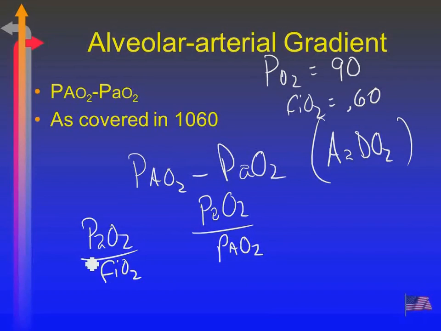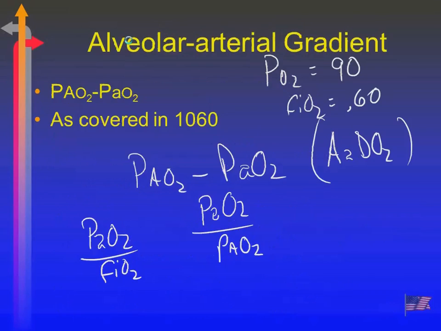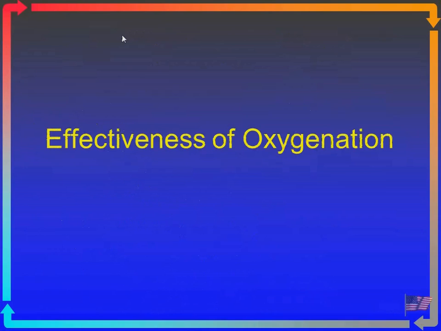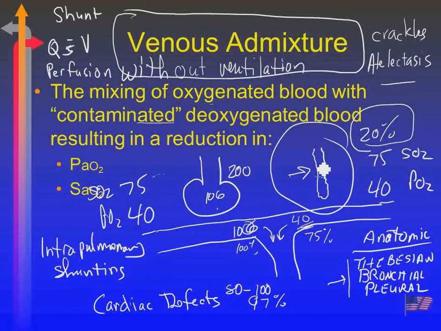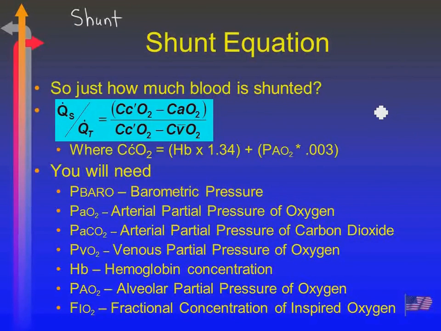Those are all ways that we can evaluate how well somebody's oxygenating. One of the causes of somebody having an inability to adequately oxygenate is having a big intrapulmonary shunt. Lots and lots of these means a bigger chance you're going to have profound hypoxemia.